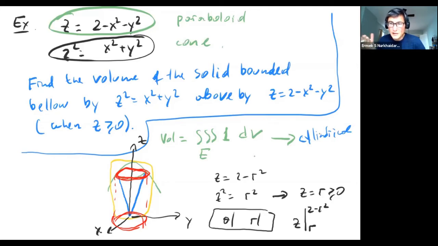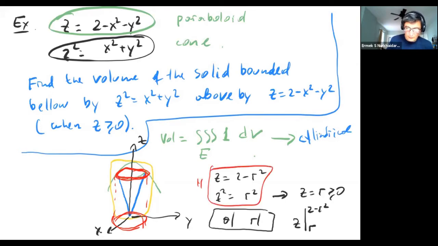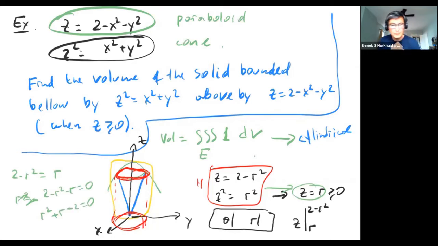So 2 minus r squared equals r, which gives r squared plus r minus 2 equals 0.